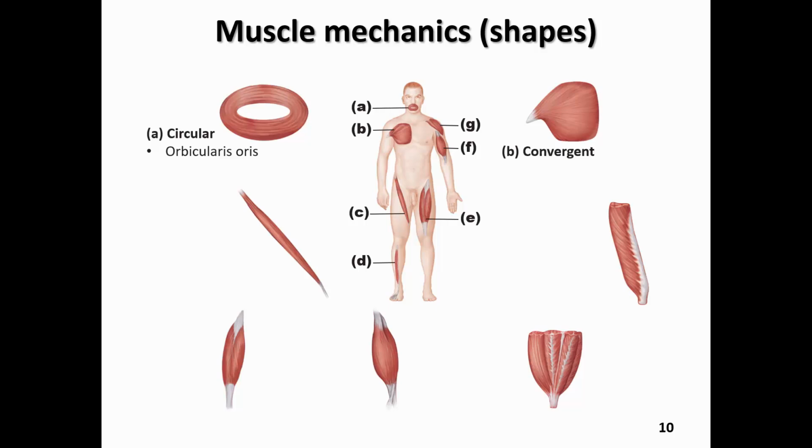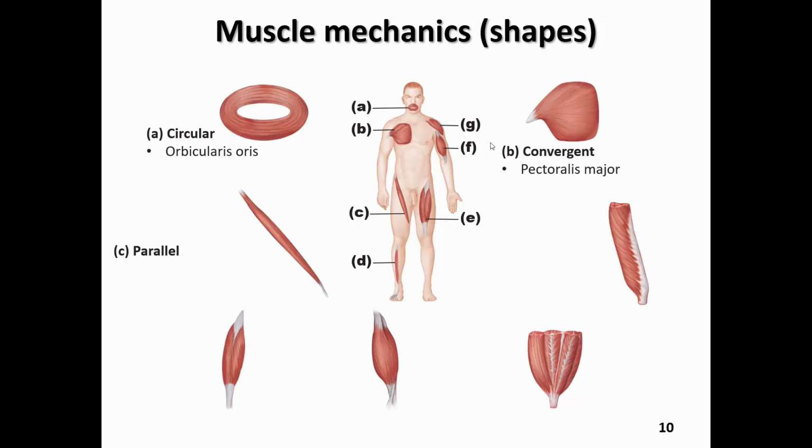We have a shape that is convergent. One example of this is the pectoralis major. This is B that we see over here. And when this muscle contracts, we have a number of muscle fibers at different angles that converge onto one tendon.